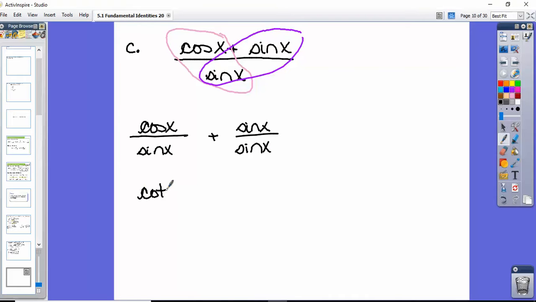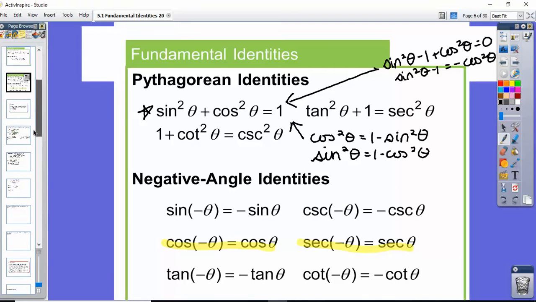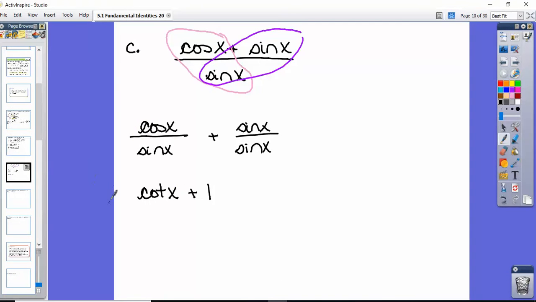Cosine over sine is cotangent. Sine over sine is 1. We have an identity if it's cotangent squared plus 1, but just for cotangent plus 1, there is no identity, so that is our final answer.